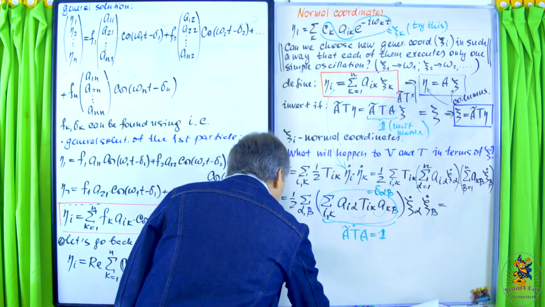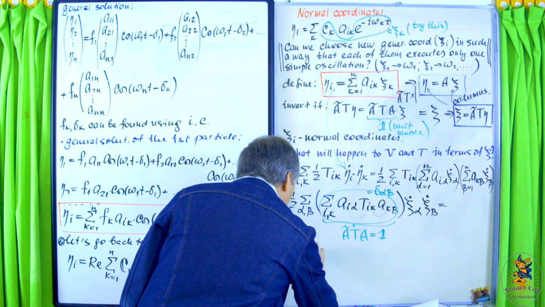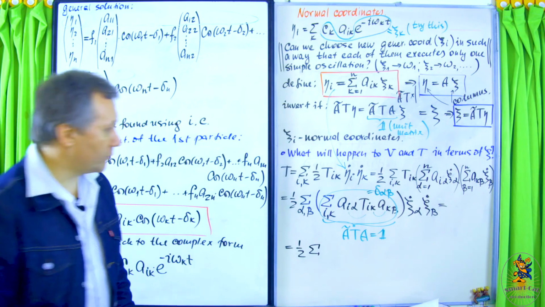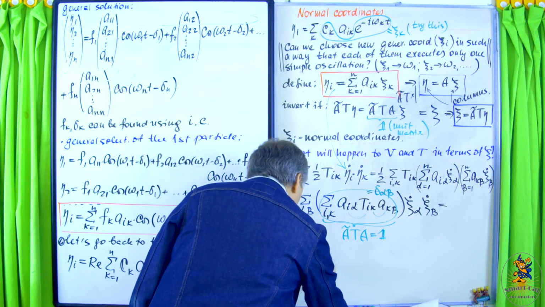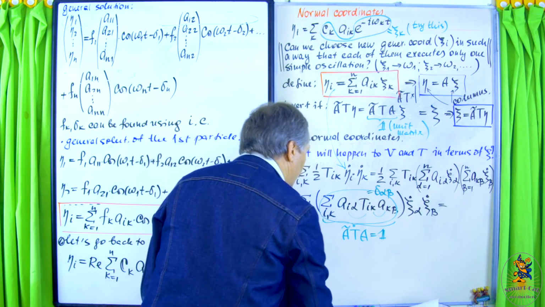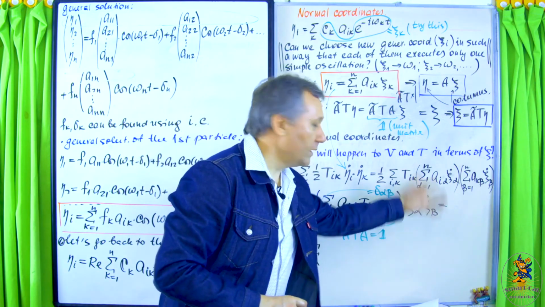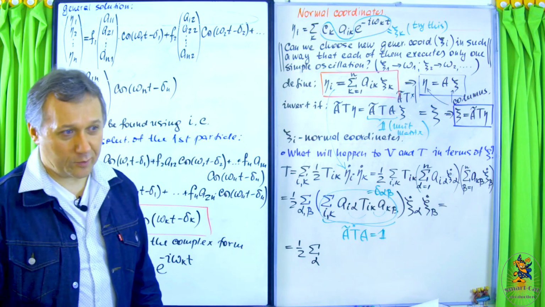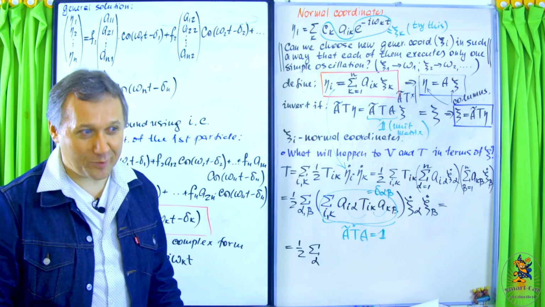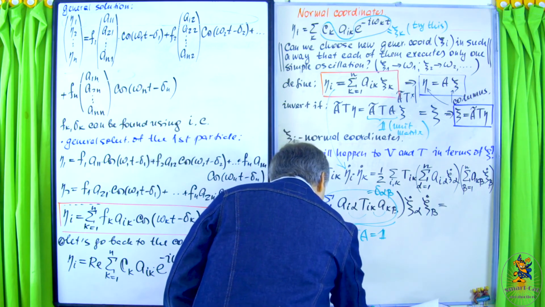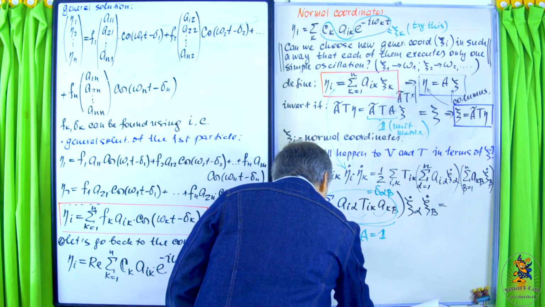So as a result, we will end up with 1 over 2 summation. I will get rid of beta, of course, so it will be just summation over alpha. And here, again, beta will disappear. We'll have psi alpha dot squared, quadratic terms only, no diagonal terms, right? Psi alpha dot squared.